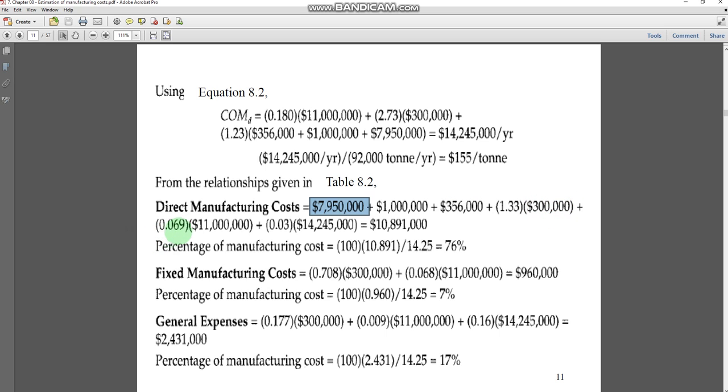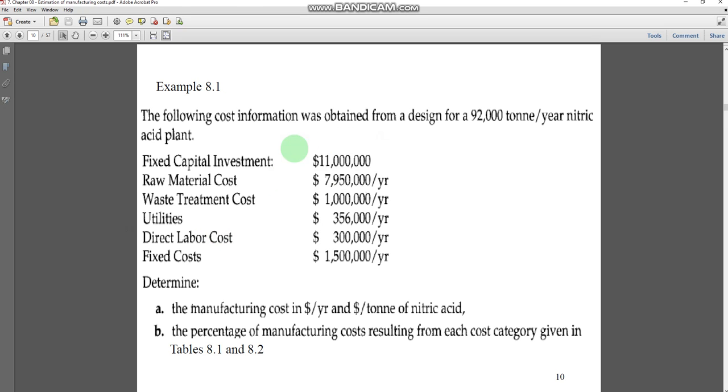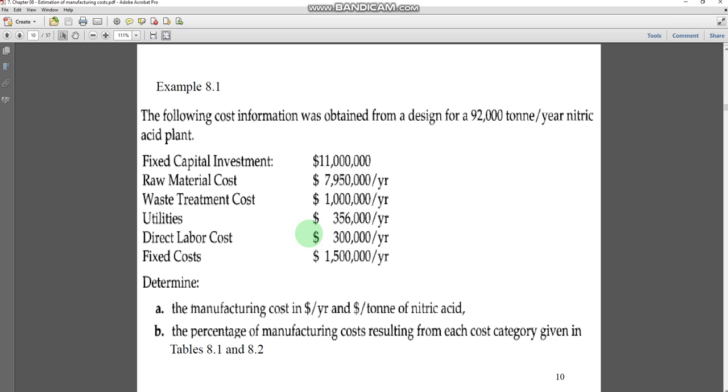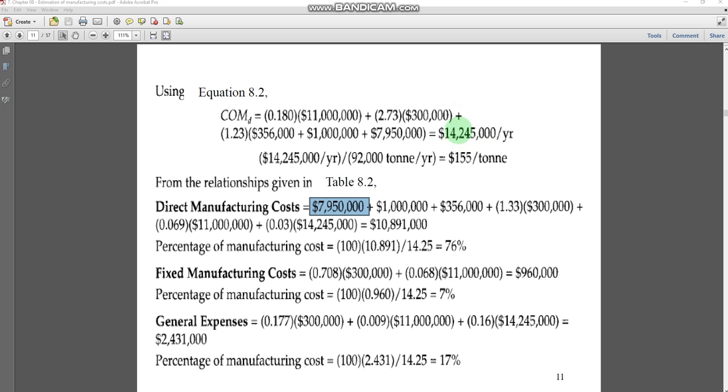Then we have 0.069 with the fixed capital investment, and 0.03 with the cost of manufacturing, which comes out to be $14.25 million. So we multiply this here. The total direct manufacturing cost comes out to be $10.89 million.